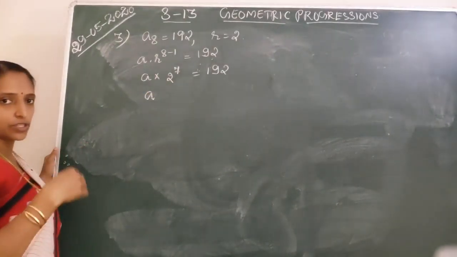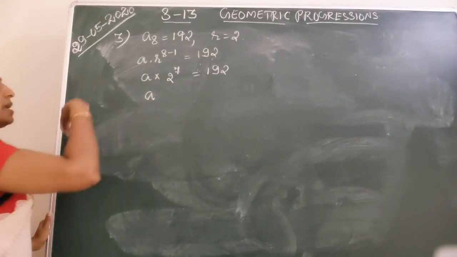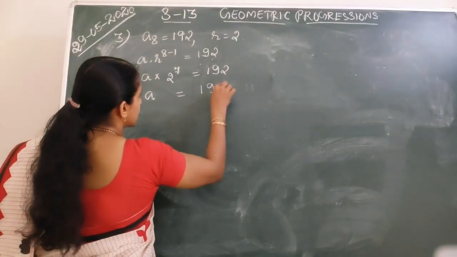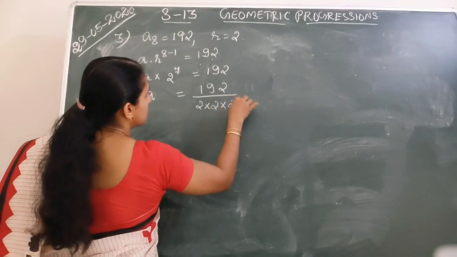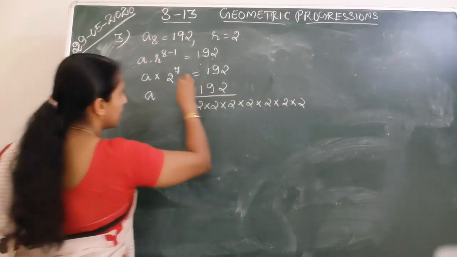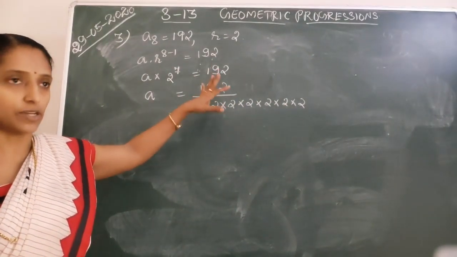If you know 2 to the power 7, you can write it directly, or you can write 2 seven times and simplify. What is 2 to the power 7? 128.